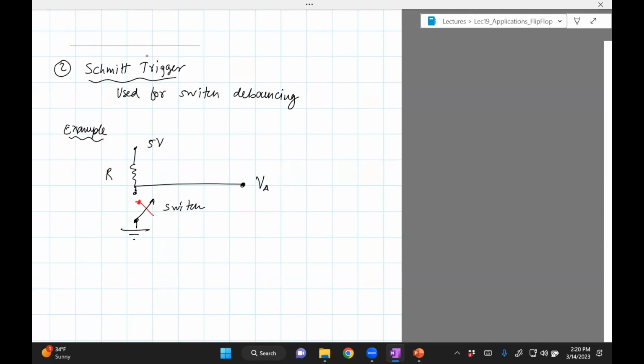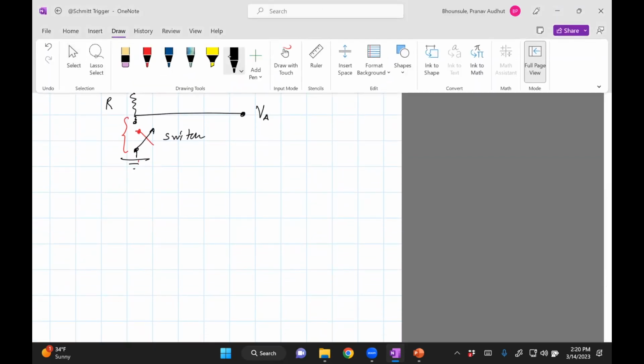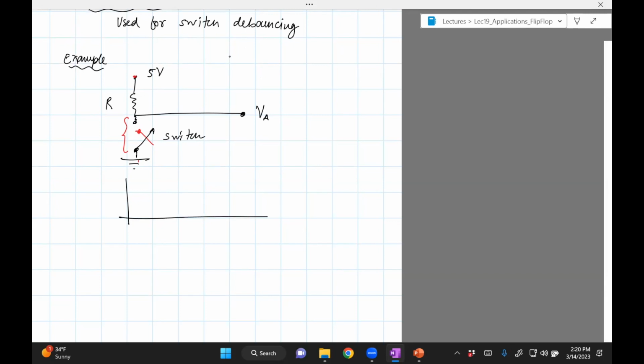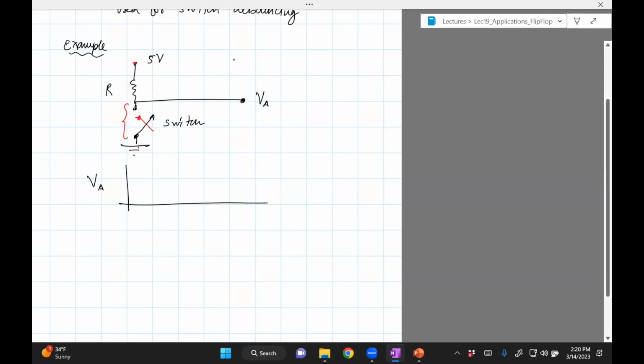If you close the switch, the voltage drop across this is 0, so you'll see a voltage of 0. But if you keep it open, then you'll probably see 5 volts, right? You see 5 volts because the voltage across this and ground is 5 volts when it is open circuit. Now, what happens in reality is this: let's measure the voltage VA as a function of time and the act of closing the switch.